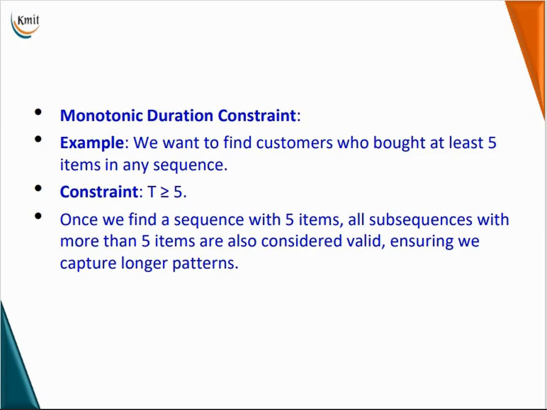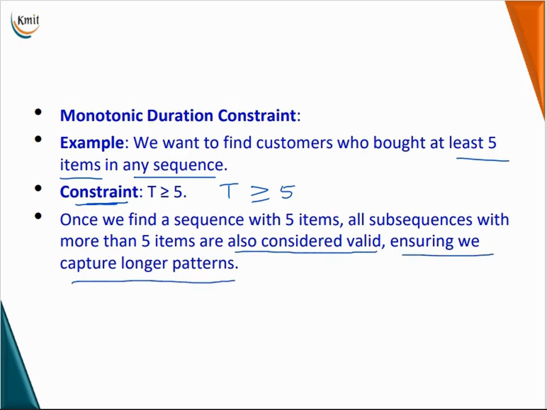The other constraint is the monotonic duration constraint. We want to find customers who bought at least 5 items in any sequence. So here the constraint is t greater than or equal to 5. Once we find a sequence with 5 items, all the subsequences with more than 5 items are also considered valid, ensuring we capture longer patterns.